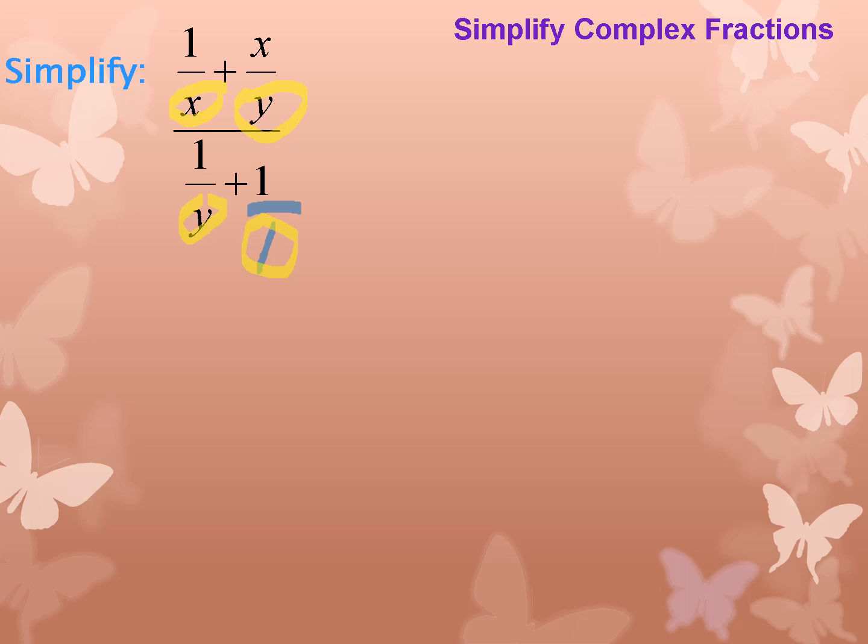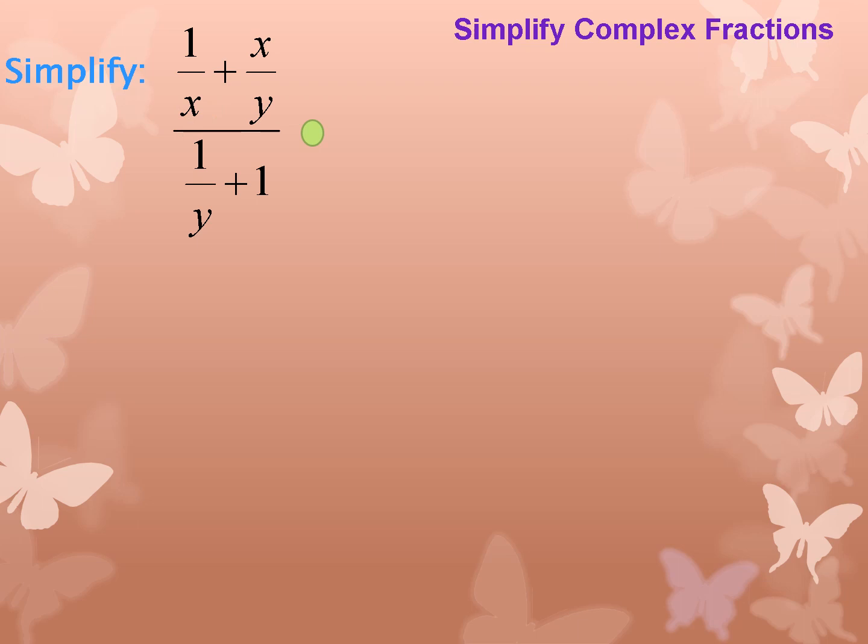Well, with this y and this y, it's got to have a y in it. And then we have the x, and then we have the 1. So our least common denominator is going to be xy. Give me just a second. I'm going to erase all these markings so that it's clean and easier to look at.